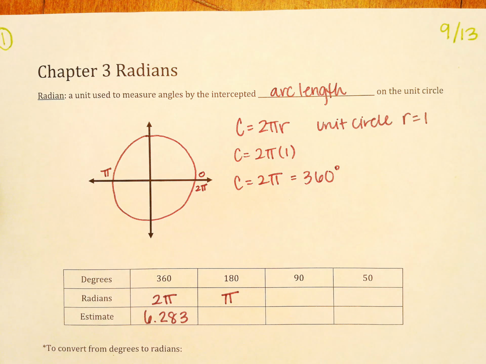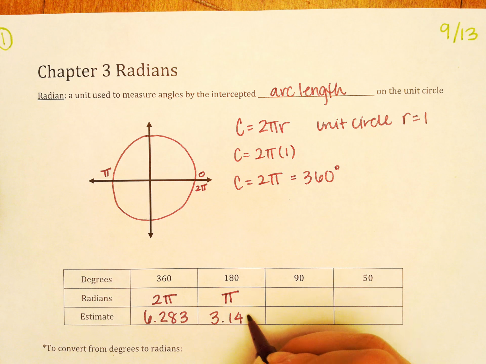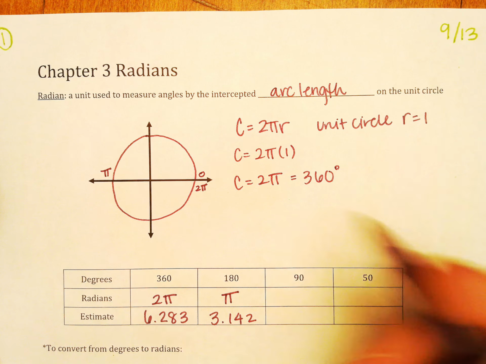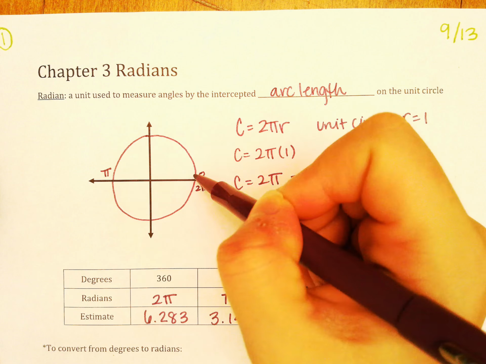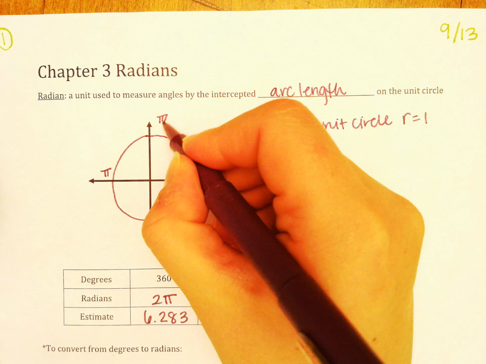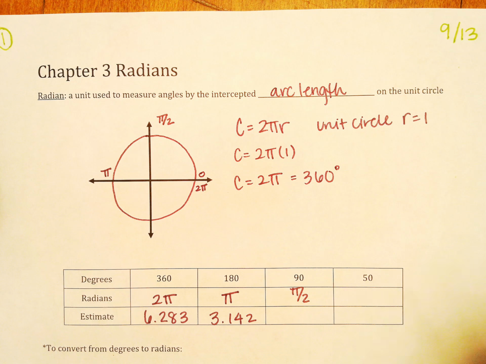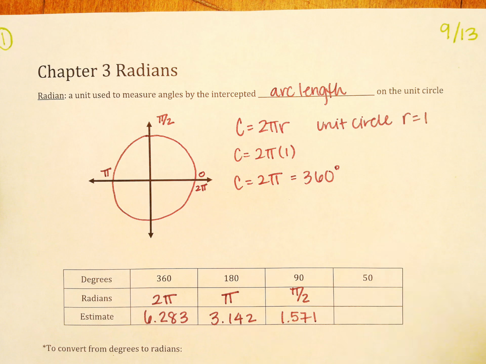So 180 degrees would be equivalent to pi, and that is 3.14159 or 3.142. Likewise, at 90 degrees, we're halfway to pi, so this would be pi over 2. And that equivalent is 1.5708. We can type that into the calculator and get that approximation.